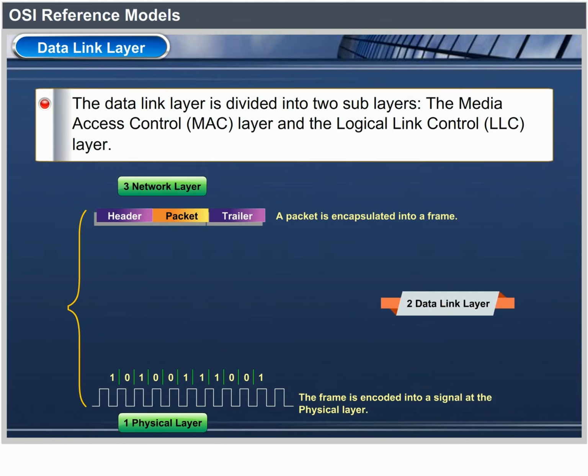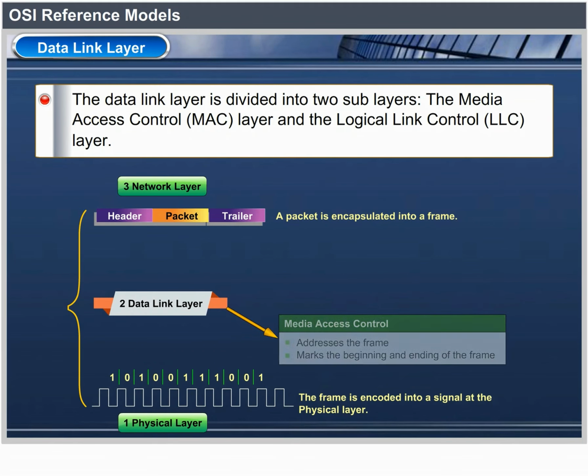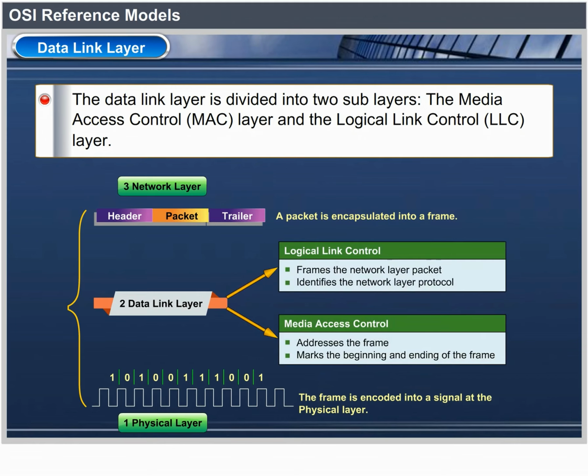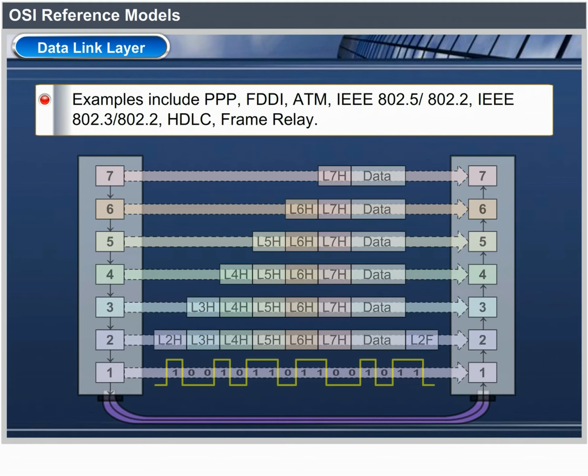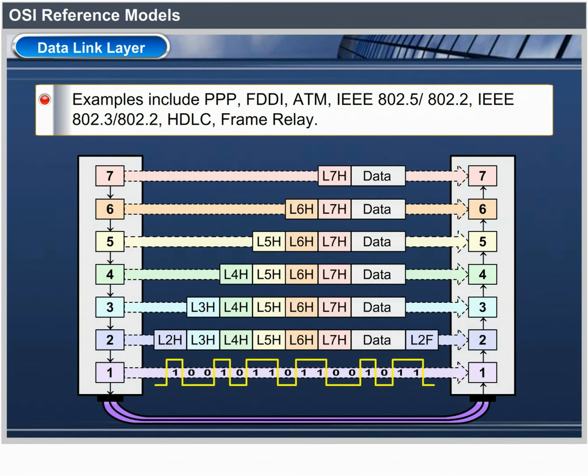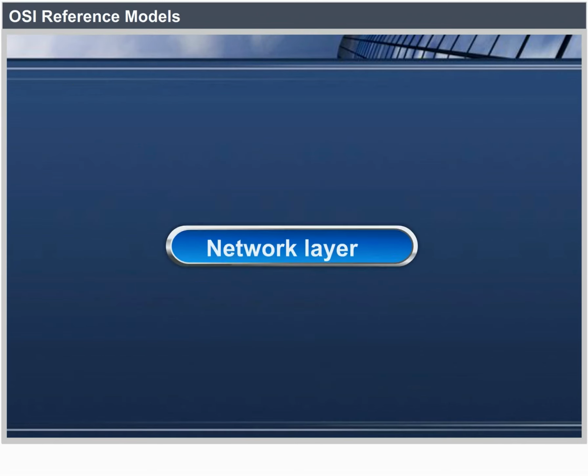The data link layer is divided into two sublayers, the media access control or MAC layer and the logical link control or LLC layer. Examples include PPP, FDDI, ATM, IEEE 802.5/802.2, IEEE 802.3/802.2, HDLC, frame relay.